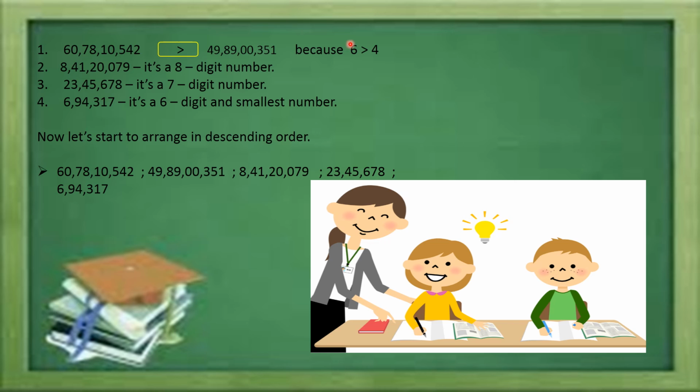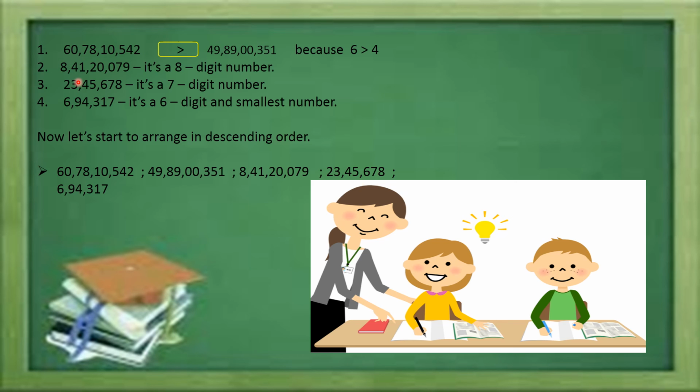That means the figure which starts with 6 is also greater than the figure which starts with 4, right? That means 60 crore 78 lakh 10,542 is greater than 49 crore 89 lakh 351.